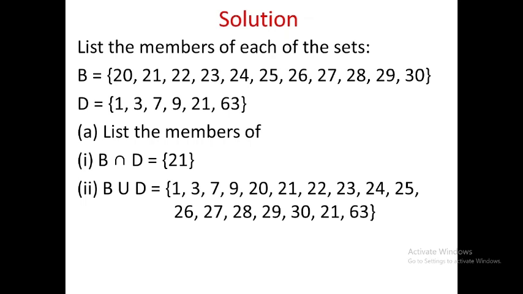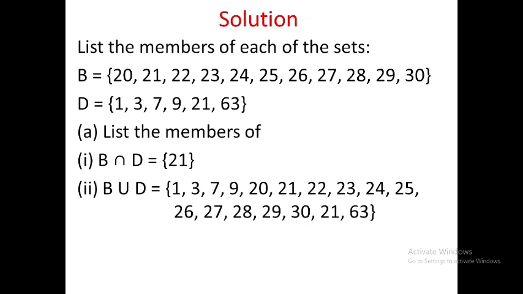We can see that 21 appeared in both set B and set D. Therefore, we will only write one member. So don't write 21 and come and write 21 again. I believe that is clear. We have come to the end of question 1.